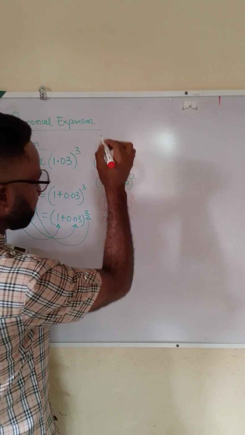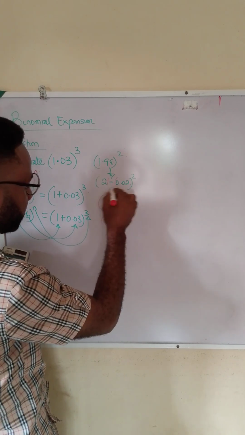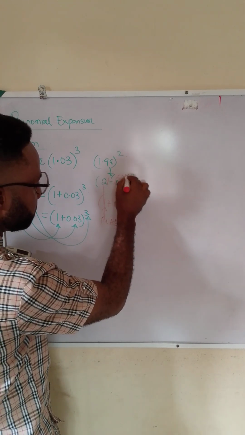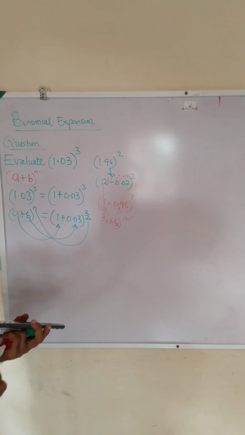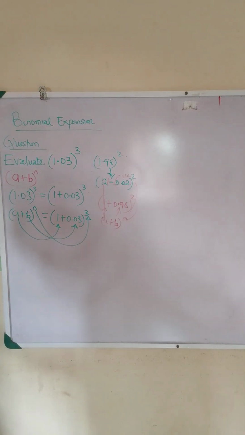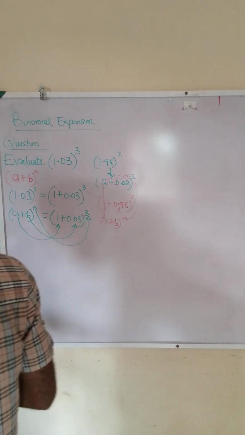Note you are going to have a plus here, so that your a will be this, your b will be negative 0.02, and then your n will be this. So basically, if you're given a question of this nature and you're asked to use binomial theorem, you convert it first to this form before you start solving.